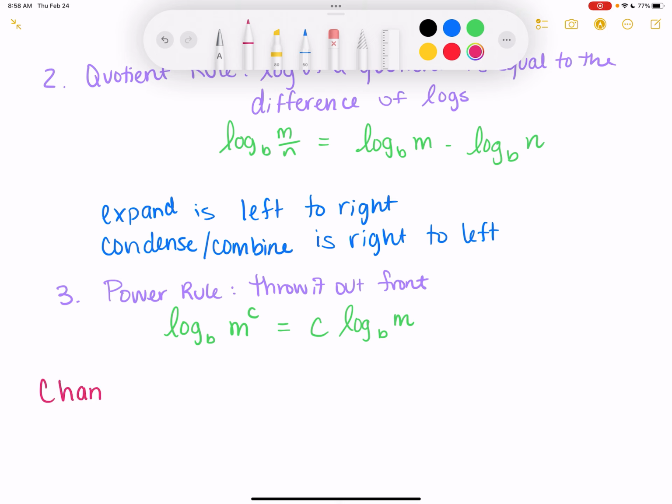Change of base. I think we did a little bit with this last year, but we don't tend to do a ton with it. But change of base formulas for logarithms.